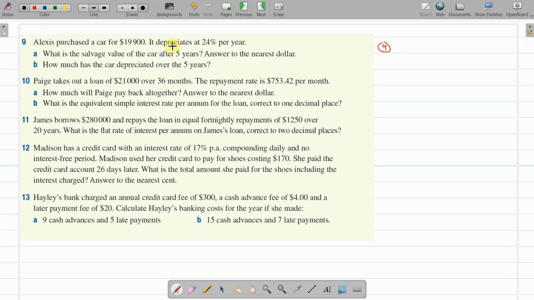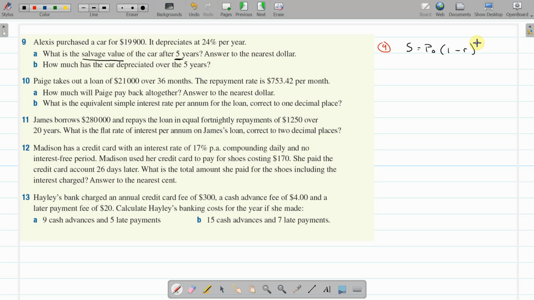We've got a depreciation thing. So the formula, which I'll explain in a sec, is this one. Very similar to the compound interest one. S is a sort of salvage value, which is the value of the car after it's depreciated for a certain number of years.